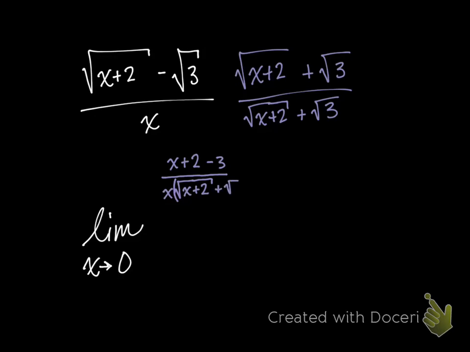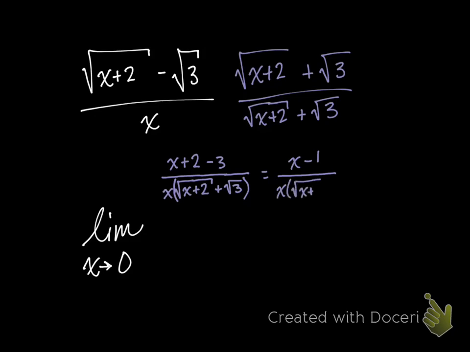Looking at it this way now, we need to simplify a little bit farther. As you can see here, we simplify the top, and nothing is really going to cancel. I guess you could say this is just x minus 1. We end up with 0 over the same thing on the bottom.